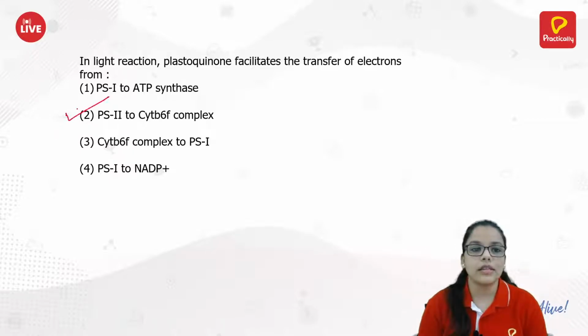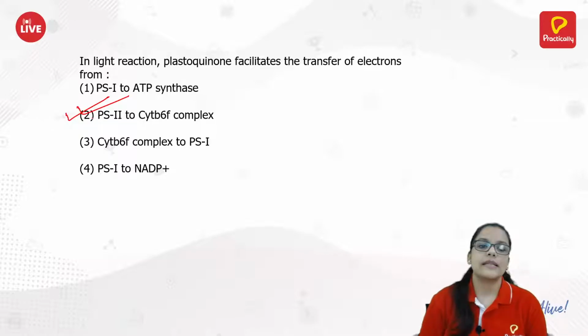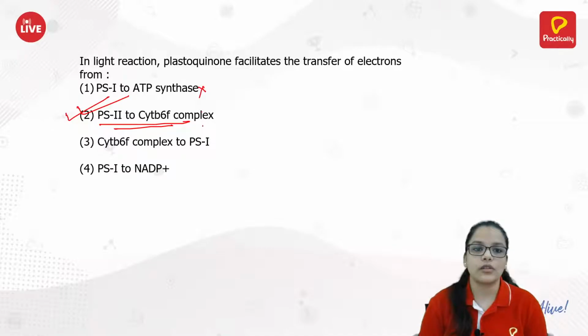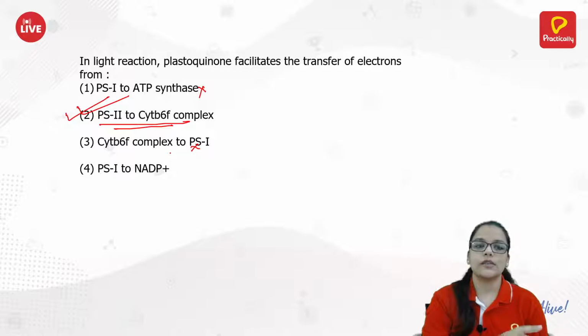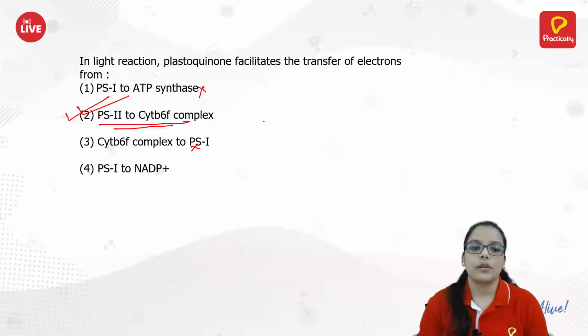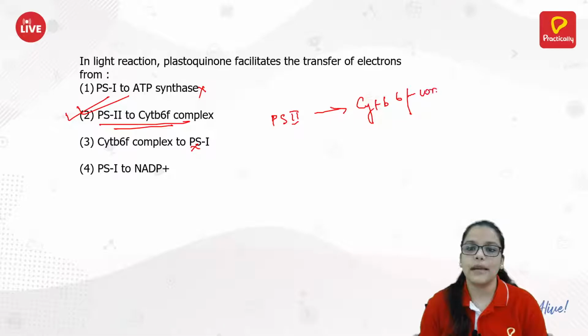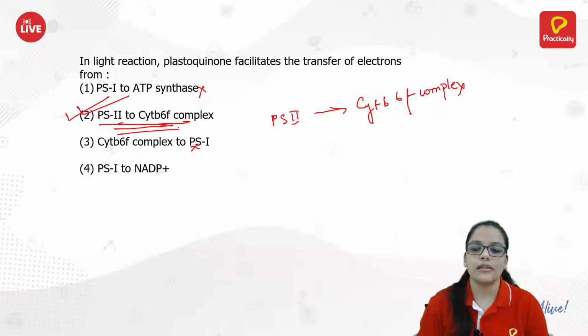The answer is PS2 to cytochrome b6f complex. This is the right answer, not these three. Plastoquinone facilitates transfer of electrons from PS2 to cytochrome b6f complex. Okay, so this is the answer.